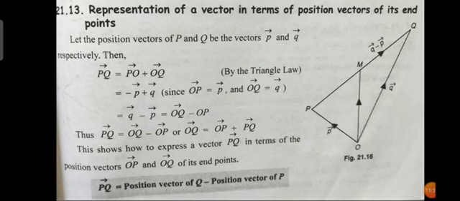Next, how will you represent a vector in terms of the position vectors of its endpoints? This is not that important, but it uses the triangle law, so we will just go through it.